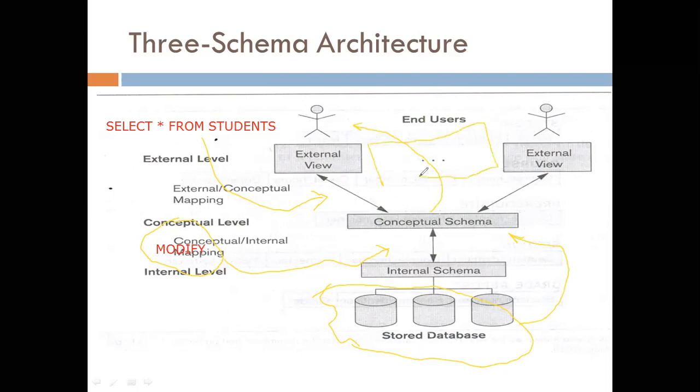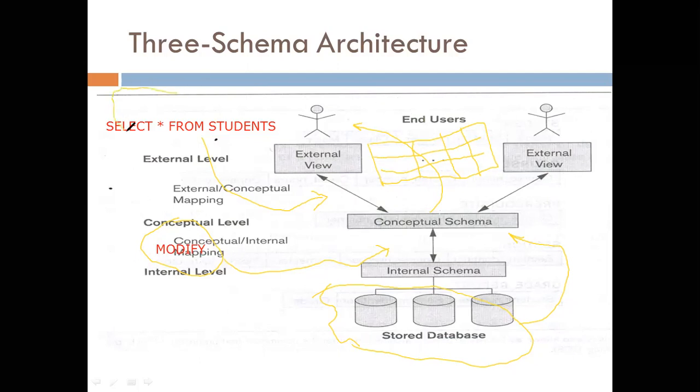So the result will be in a tabular structure like this, with rows and columns. The result may be plain text or something else, depending on how the software maps it, but the end user will view only the table structure.